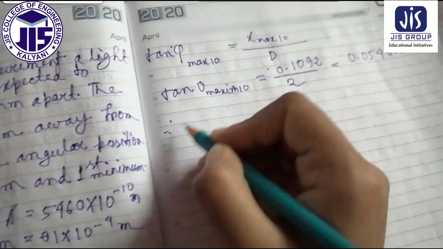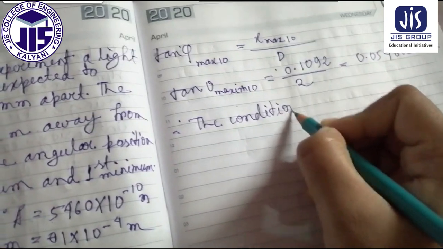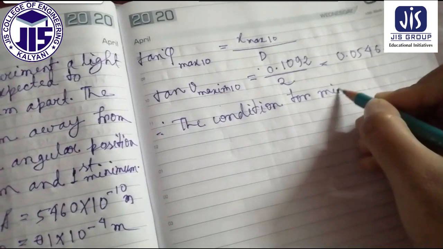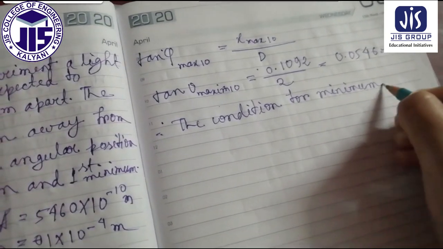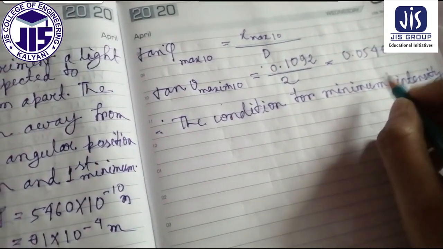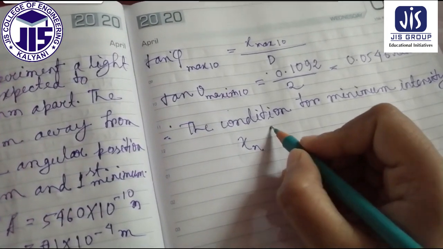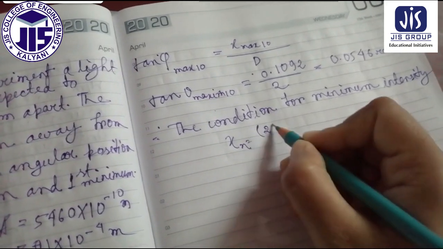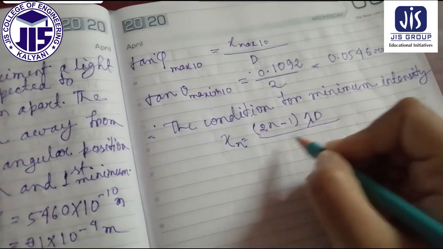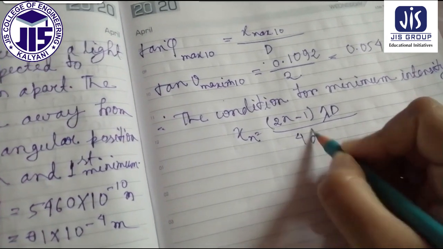So therefore the condition for minimum intensity is x_n equal to (2n minus 1) lambda capital D divided by 4 small d.